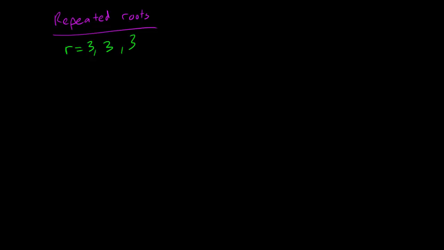What this means is that rather than writing down y1 equals e^(3x) 3 times, we have to in fact multiply each of the solutions by powers of x to get 3 linearly independent solutions. Because y1 equals e^(3x), y2 equals e^(3x), y3 equals e^(3x) will not be linearly independent. So these will be our 3 linearly independent solutions.